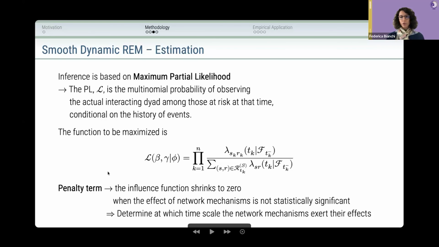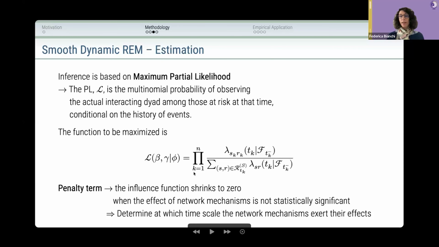This is the function to be maximized, and this is exactly the function that Martina also presented before. In this case, to avoid overfitting, this function is associated with a penalty term, which basically shrinks to 0 the effect of network mechanisms that are not statistically significant. And why do we do that? Because we said every mechanism of interest can have these polymorphic internal clocks, and we will see in a bit what I mean.